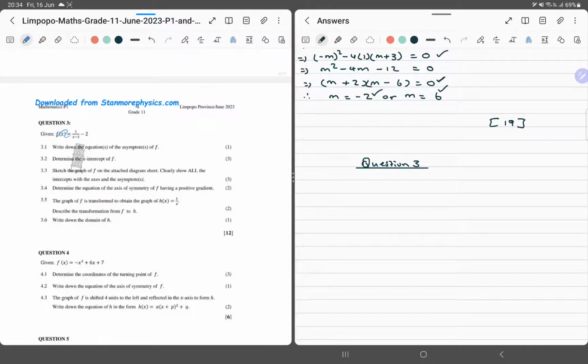We are given the function of f. Okay, so what do we understand by this function? We can see that we have a 1 on that numerator. This tells us that our a is greater than 3, right?